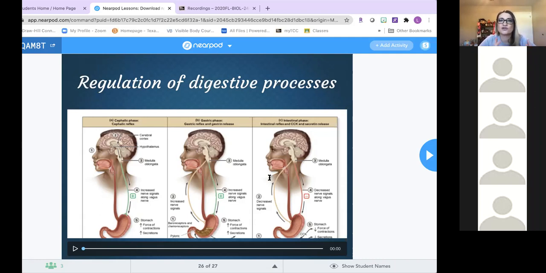The second phase is your gastric phase, and gastric phase is initiated by presence of food in the stomach. So after you eat and as the food is entering your stomach, gastric phase is happening. This is causing distension of the stomach, right? After you eat a meal, your stomach will stretch, okay? That's distension. And this is also going to change pH inside of the stomach because you're mixing food that you just ingested with the acid in there.